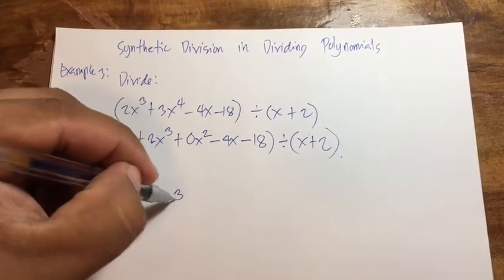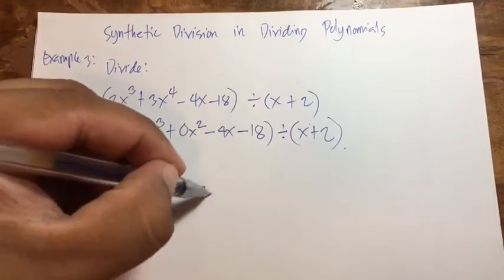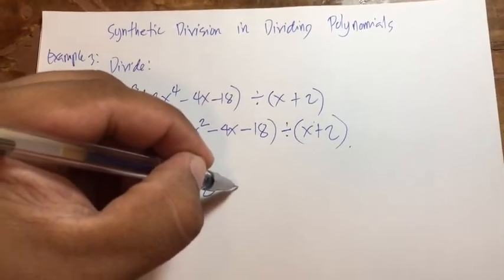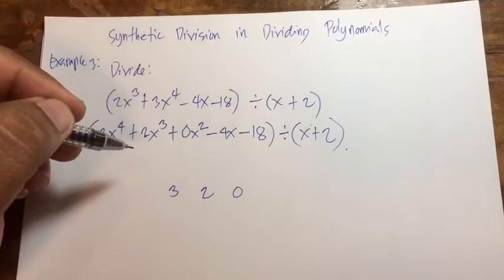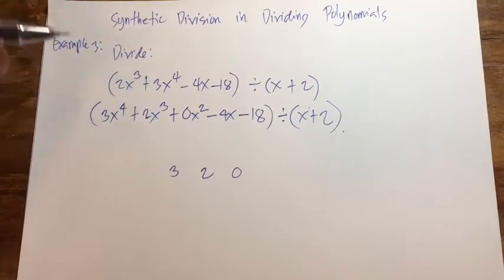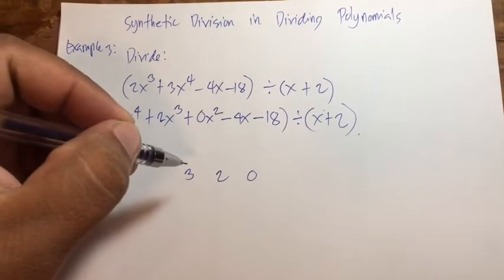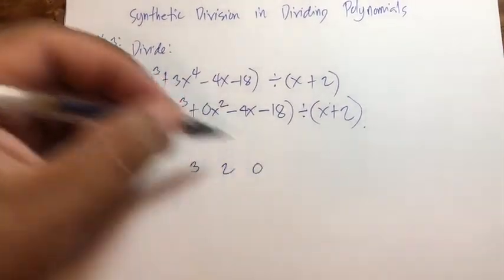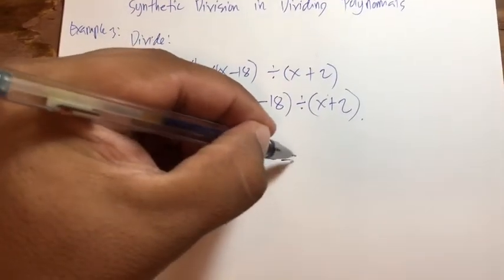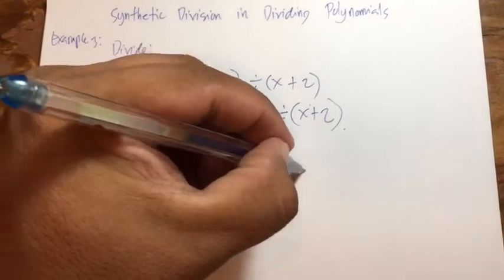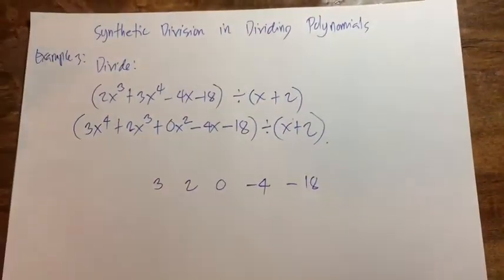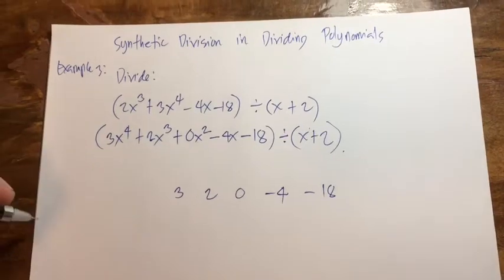We have here 3, then 2, 0. You should be extra careful in writing the numerical coefficients. 3, 2, 0, after 0 is negative 4, then negative 18.